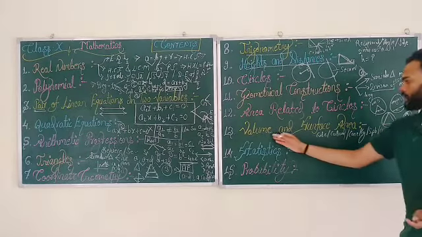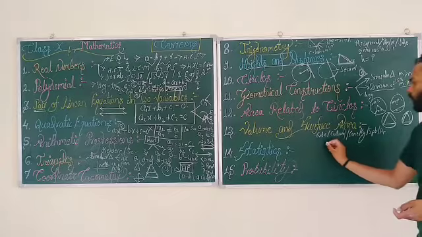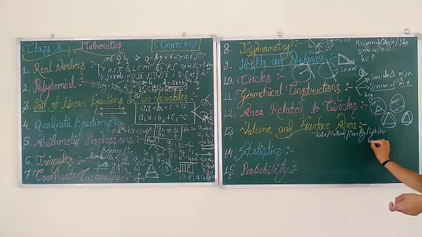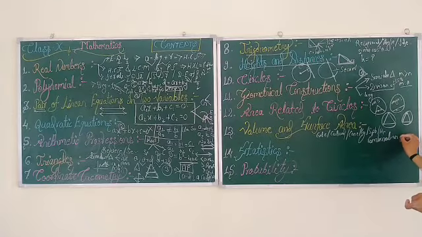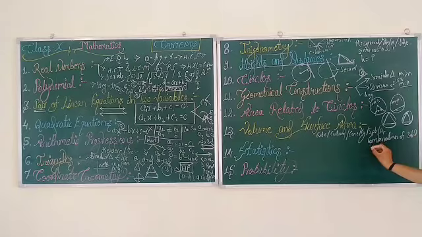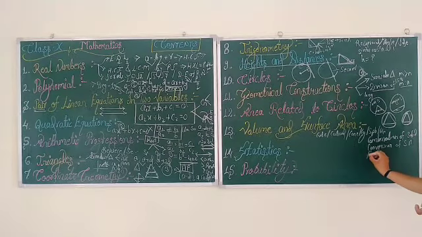Now you find out the volume and surface area of combination of solid figures, conversion of solid figures, and frustum of cone.